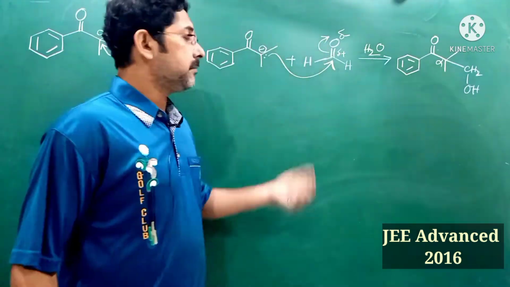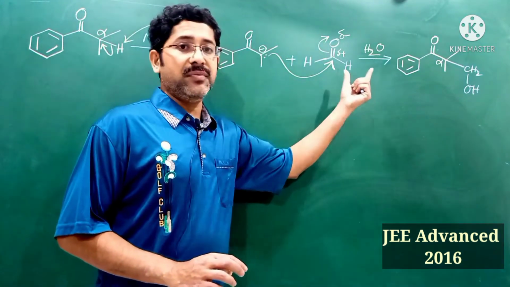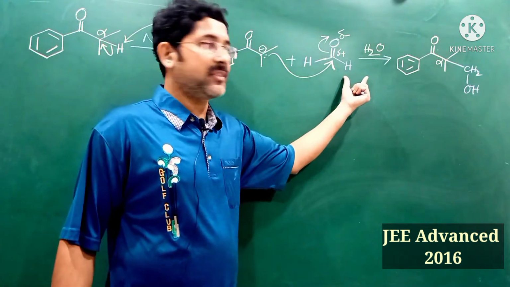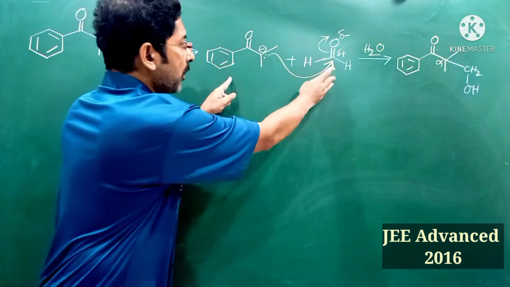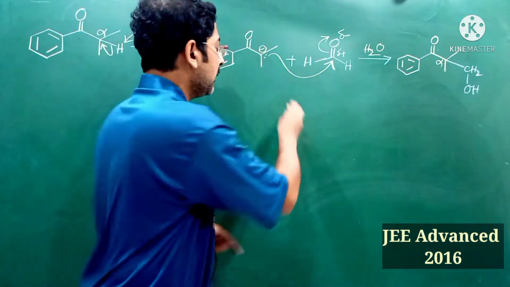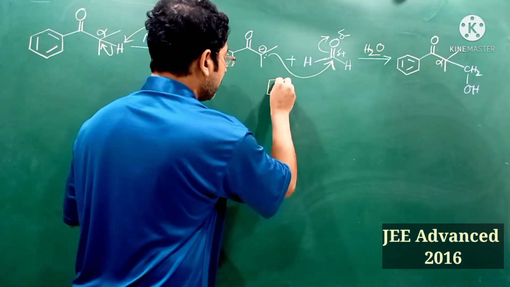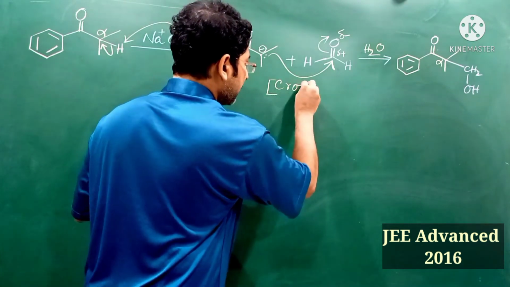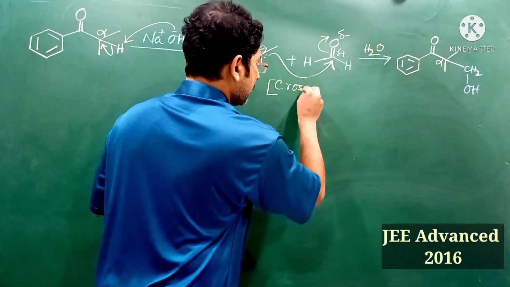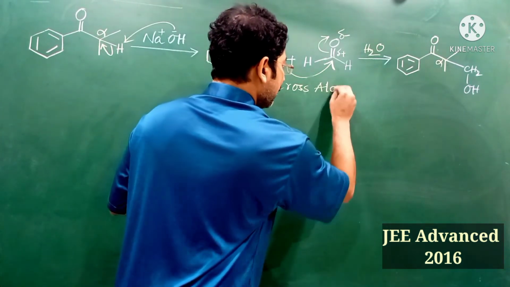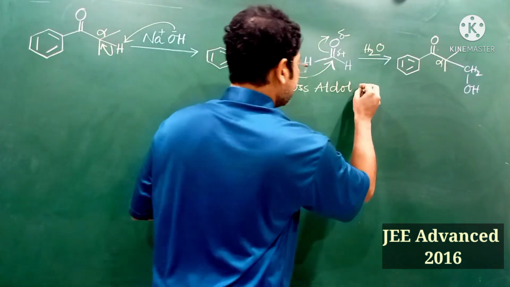Now see very carefully, this is an aldol reaction. This is actually a cross-aldol reaction because two different molecules participate in this reaction. So this is nothing but a cross-aldol reaction.